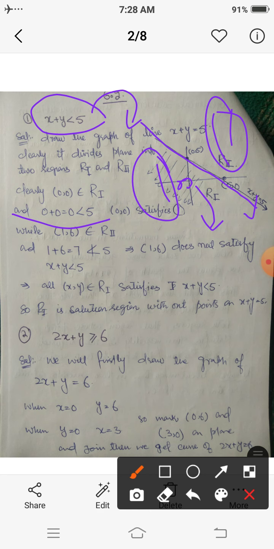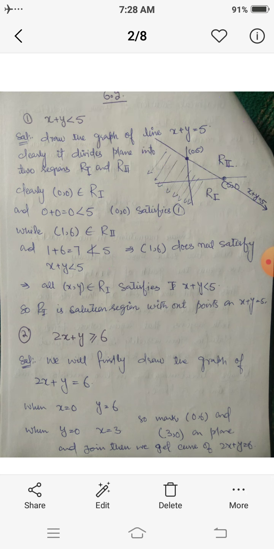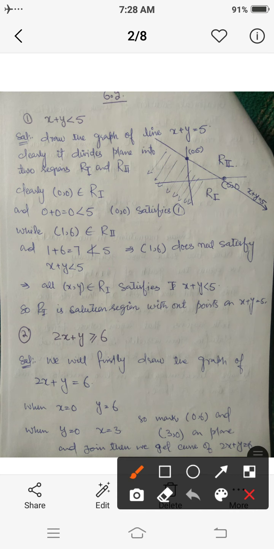So the point x equals 0, y equals 0 makes the given statement true. This means that each and every point in region R1 satisfies the given inequality, so this is the solution region.